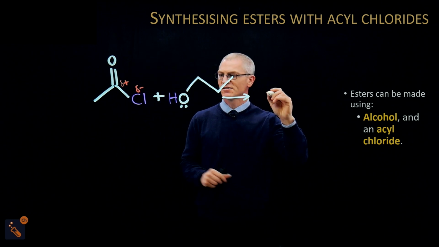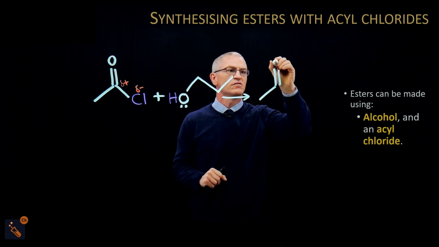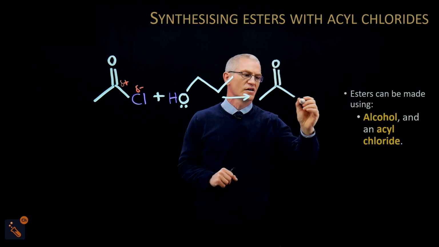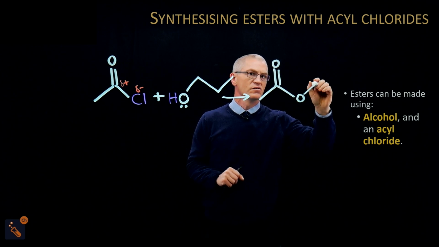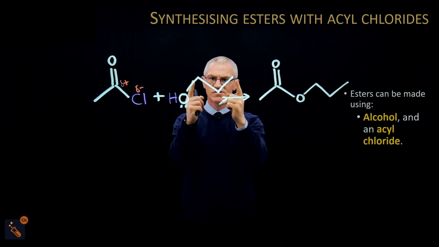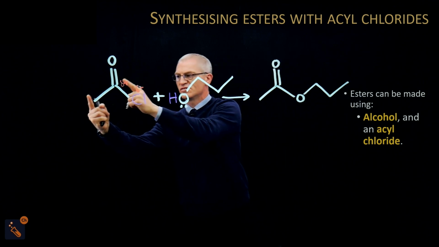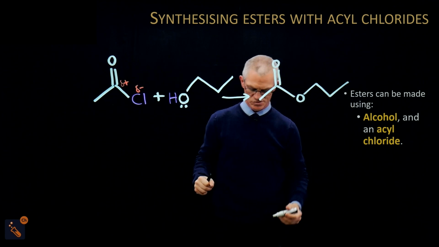Now, if I bond that O onto where the acyl chloride is, you can see here is 3 carbons, 3 carbons. You can see 2 carbons, 2 carbons.